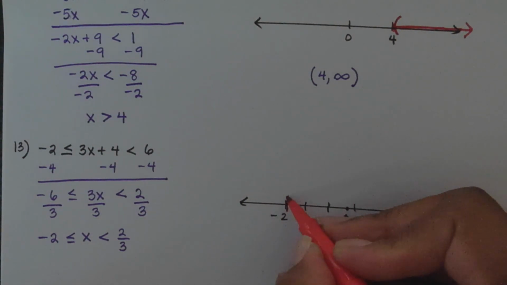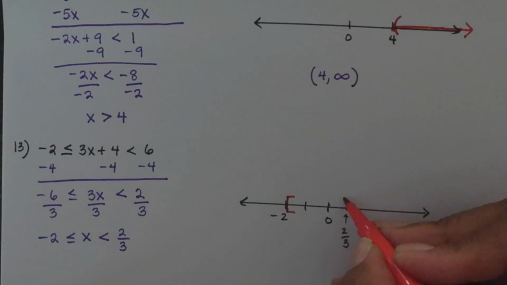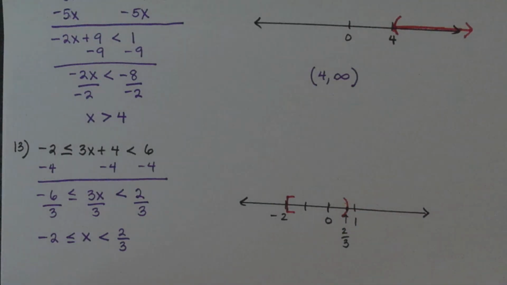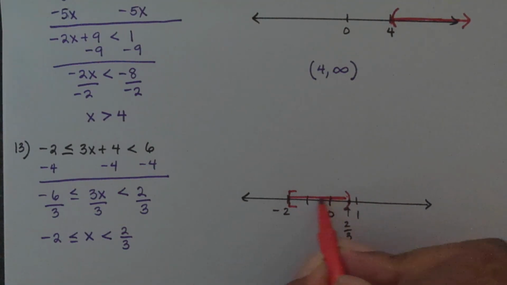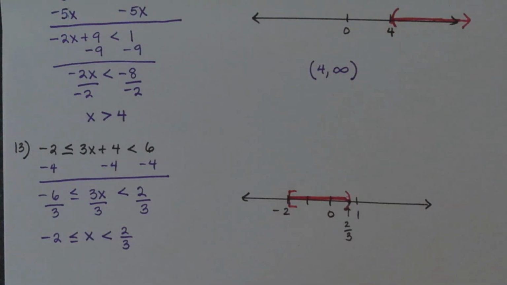So left bracket at negative 2, a right parentheses at 2/3. And to indicate that all the values of x are in between negative 2 and positive 2/3, we shade in between. Okay? All right, questions on problem number 13.